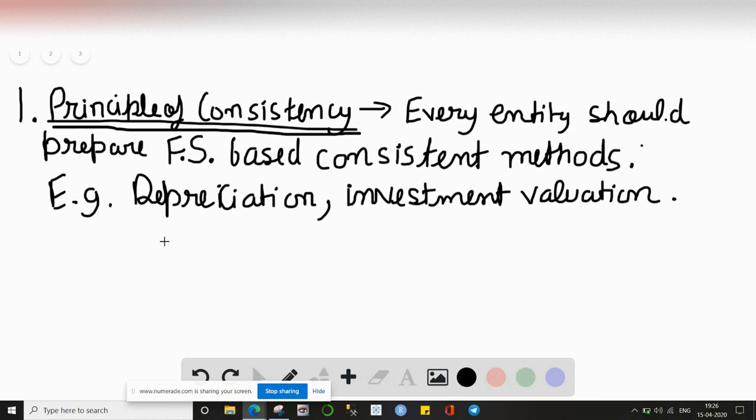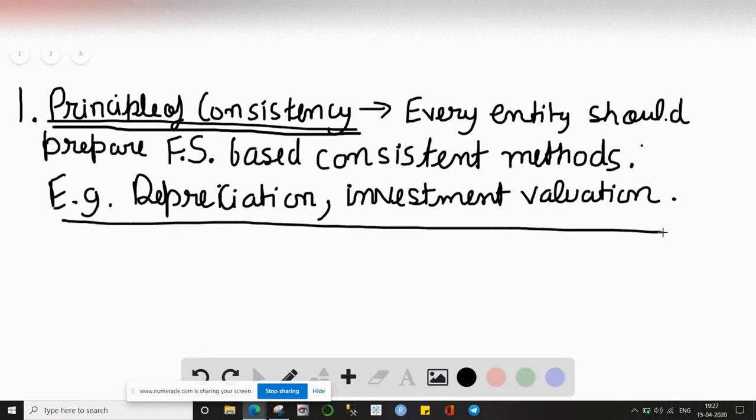It enables an investor or any other person to compare the financial statements which have been prepared on a consistent method. Otherwise, there will be anomalies in the financial statements, and that will be inherent in nature.